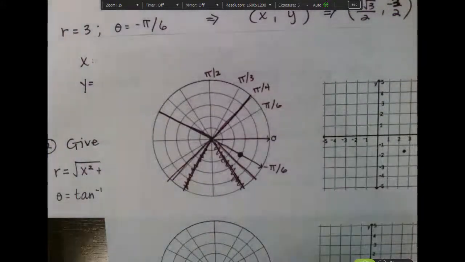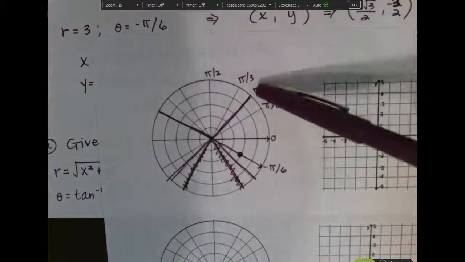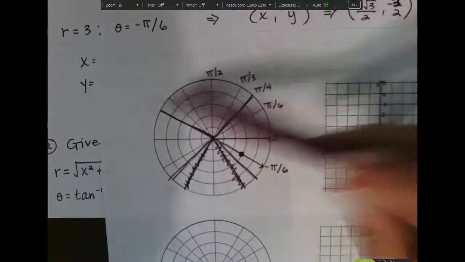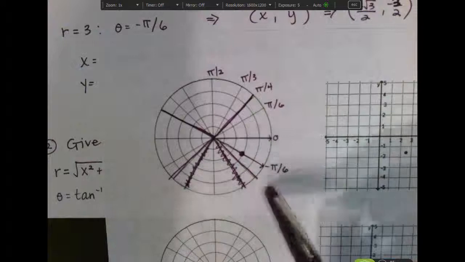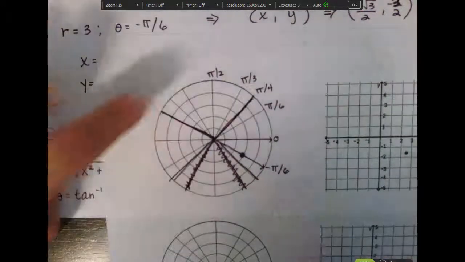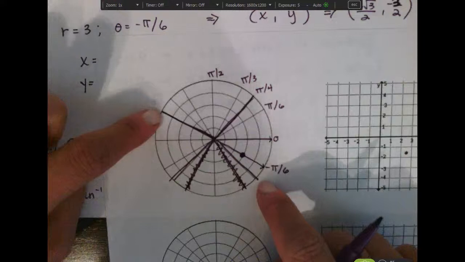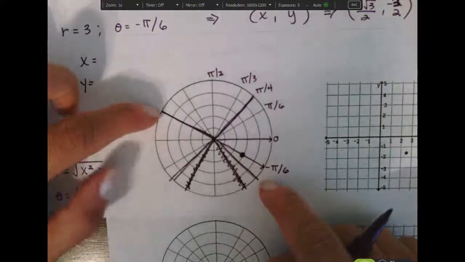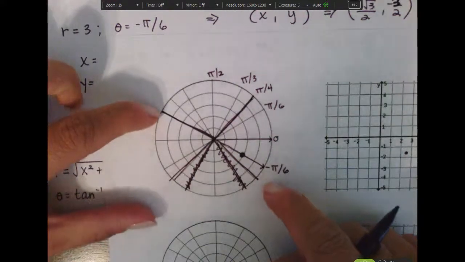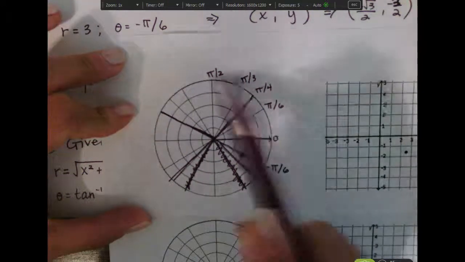Anyway, the idea is in those spots the sine and the cosine values are equal. However, in the first quadrant the signs are the same, second quadrant signs are different, third quadrant signs are the same, fourth quadrant signs are different. So we either need the angle in the second quadrant or the fourth quadrant to represent the inverse tangent of negative 1. And if you think about what the range of inverse tangent is, it goes from negative pi over 2 to pi over 2.